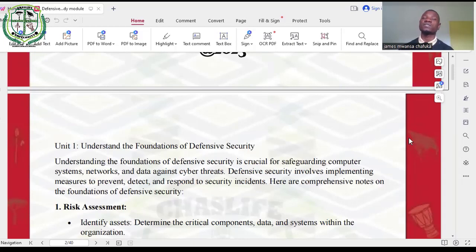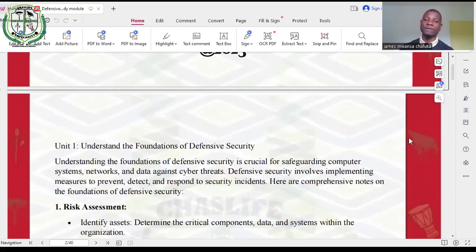The other point is that defensive security involves implementing measures to prevent, detect, and respond to security incidents. So when it comes to defensive security, it means that there should be measures that prevent any security threats.